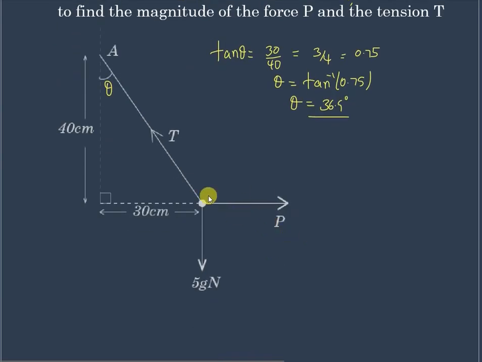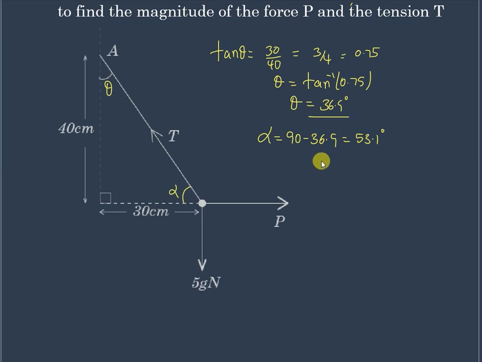Now after getting theta, we also need to get this angle. Remember, if you have to use Lami's theorem, you can call that angle alpha. Alpha is equal to 90 minus 36.9, which is equal to 53.1 degrees, I think.